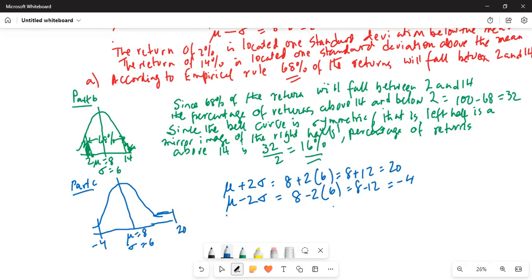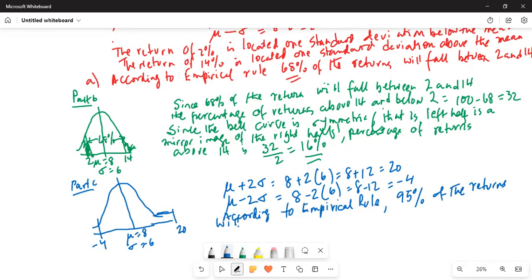According to the empirical rule, 95% of the returns will fall between minus 4 and 20.